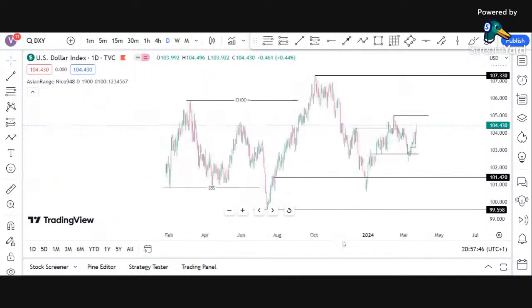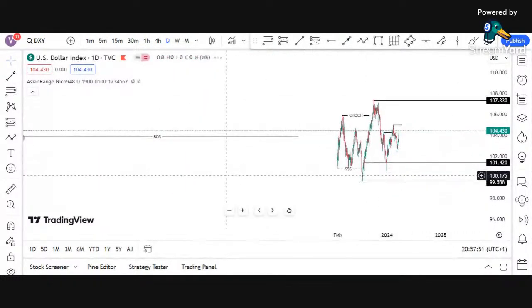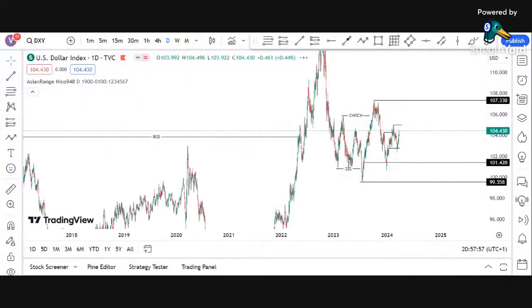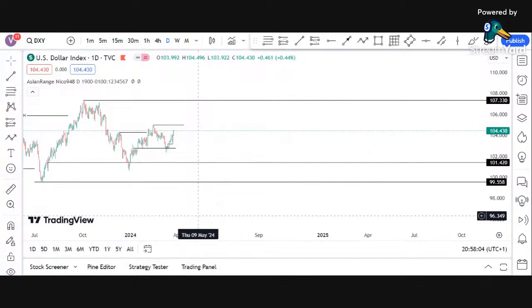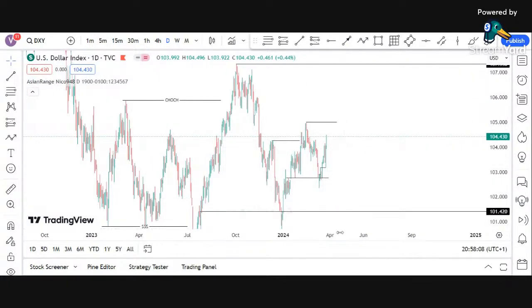So for those of us that will be trading GBP USD, you will also need to know where the GBP currency index is heading to, so that you can correlate them well and trade them well. All right. Some of us will do only DXY. Even me, I do only DXY.